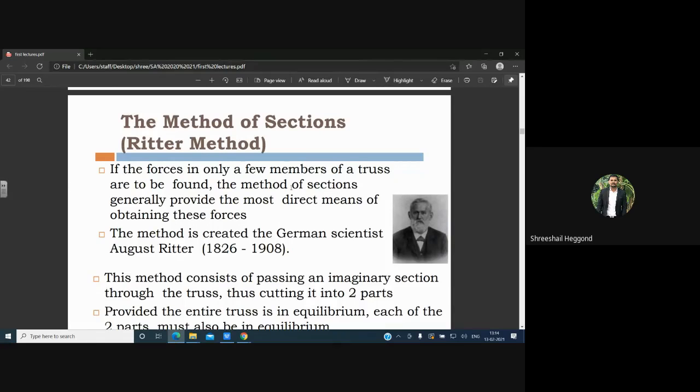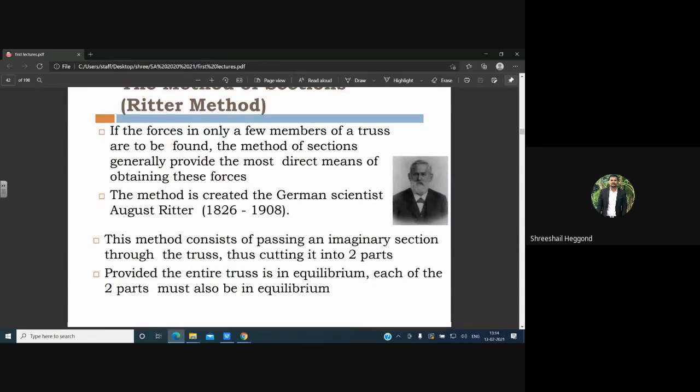This method consists of passing an imaginary section through the truss, thus cutting it into two parts. Wherever the member force is asked for, you need to cut the truss there and divide it into two separate parts, where you can easily identify the truss members and the member forces.